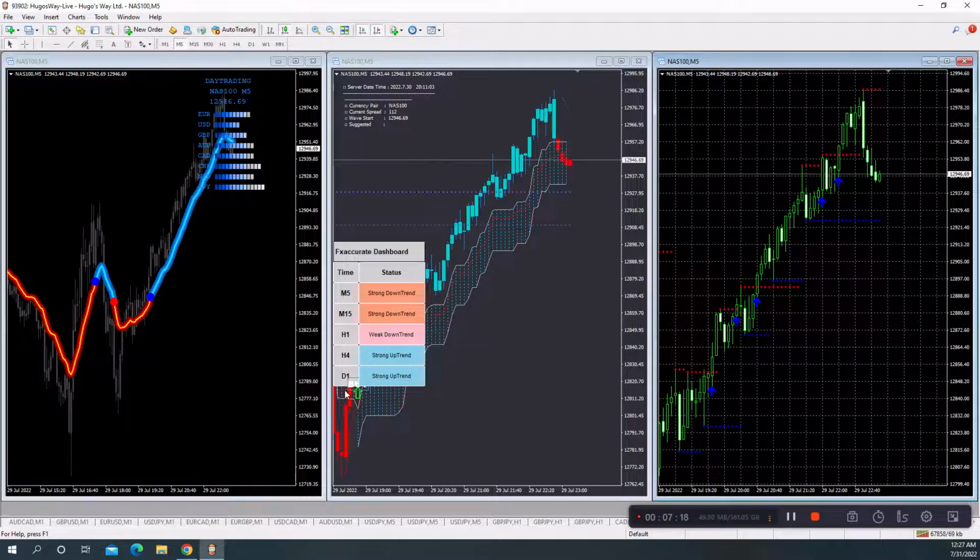You'll see here it gives you an arrow, and you can see buy here. If you would have taken a buy here based on this indicator, you'd have rolled this all the way up. I don't necessarily take the buy because it says to take the buy. I do other things, but I use these as a visual monitor.